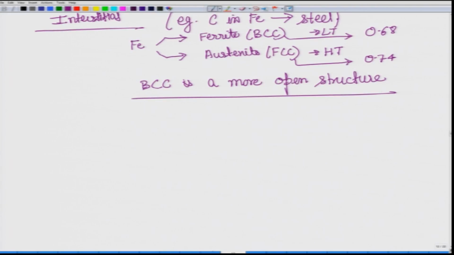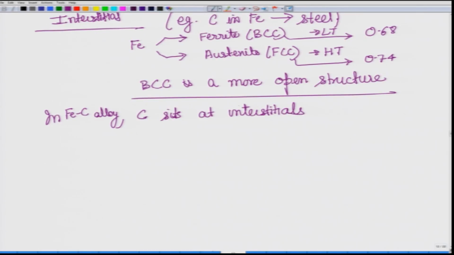Now, you would already be knowing that carbon sits in interstitials, the carbon in the FeC alloy, which is steel, primarily steel, carbon sits at interstitials.